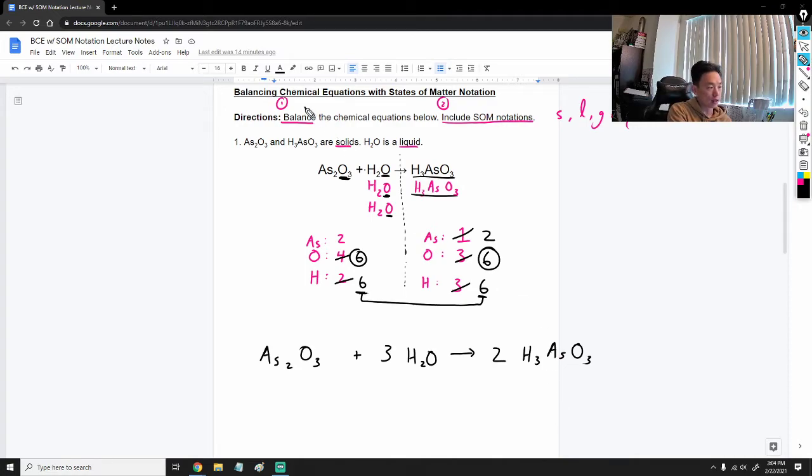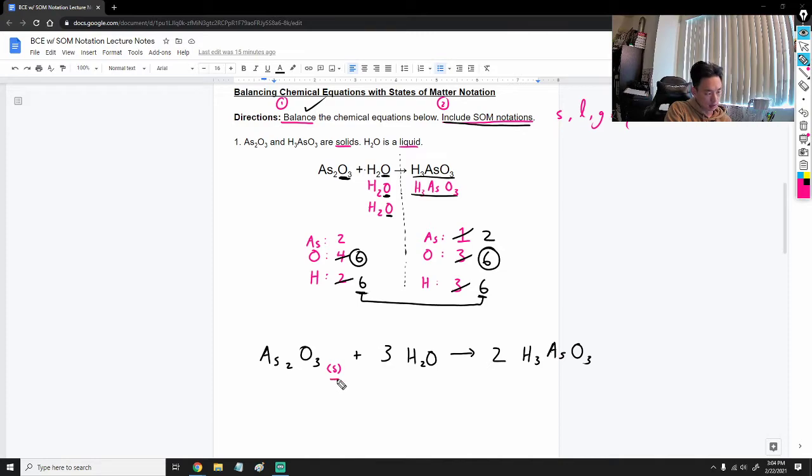Now we did the balancing part, but now we have to do the state of matter notations. Lucky for us, this is really easy. All we need to do is look at whether or not these molecules are solid, liquids, gases, or dissolved in water. So it says that As2O3 and H3AsO3 are solids. So all I'm going to do is right next to it, I'm just going to put an s inside of parentheses.